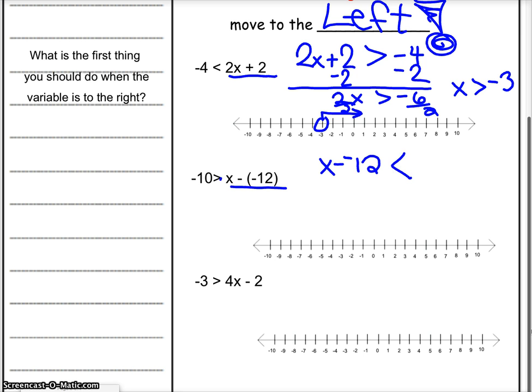So keep the point. This just turns to plus. Minus a negative is plus. Subtract 12. Oh, look, they're the same again. Same means add. Keep it negative.